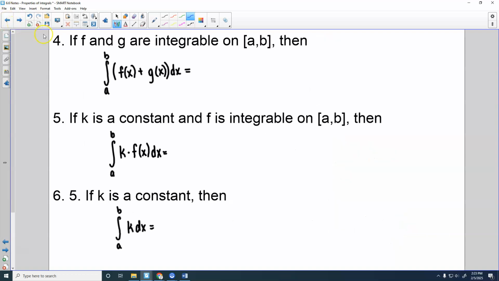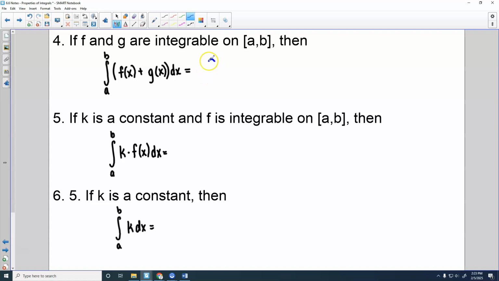Okay. If you have the integral of 2 functions that are added together, you can break them apart, much like we've done with limits and derivatives and several other things.